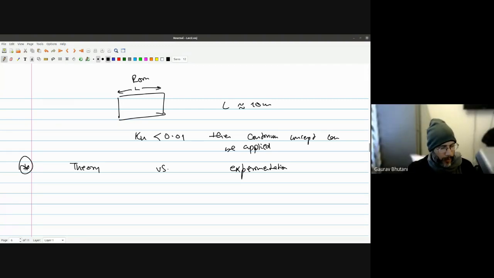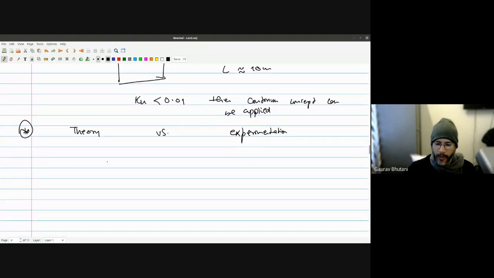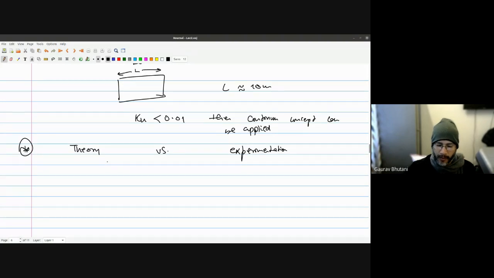Whenever you start attacking a problem, you would go to theory, because theory will not require any experience in that field, in the sense that you will not require any data. So what do we do in theory?